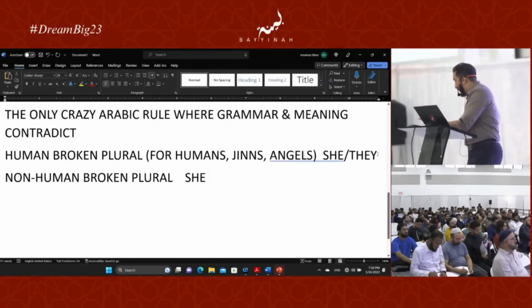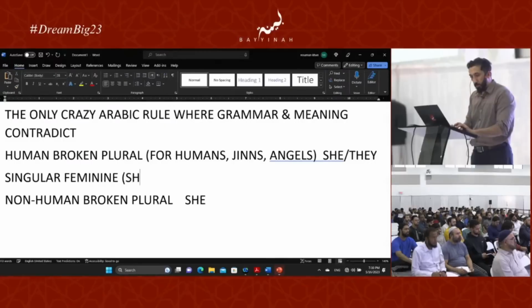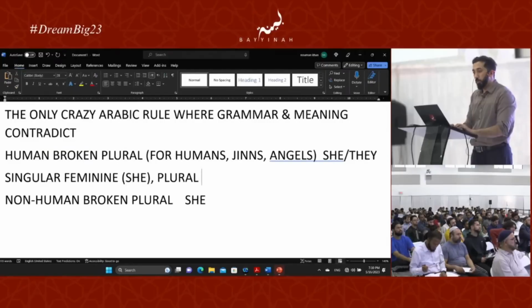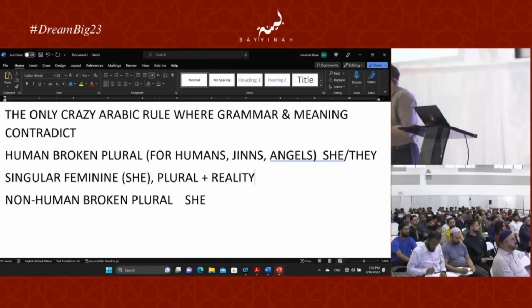But if you don't want to use the shortcut, the full version is: she means either singular feminine, that's the she, or plural plus reality. What do I mean by reality?